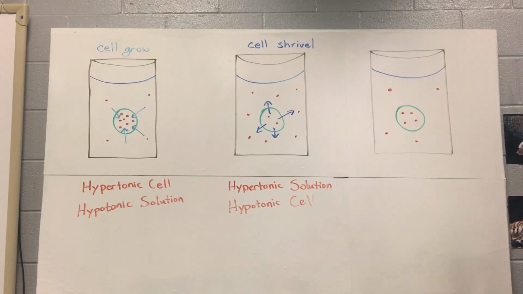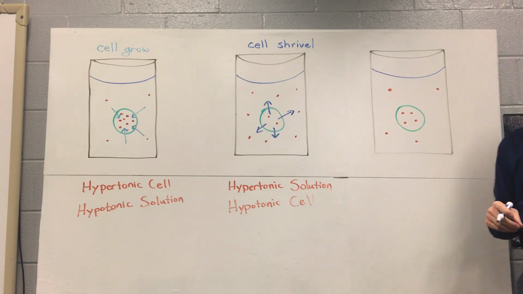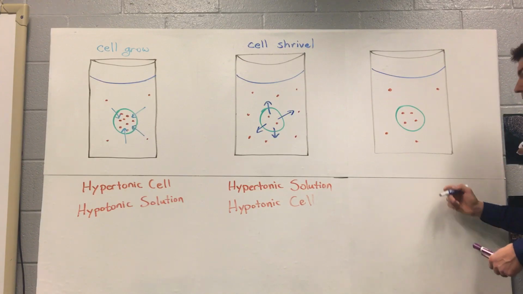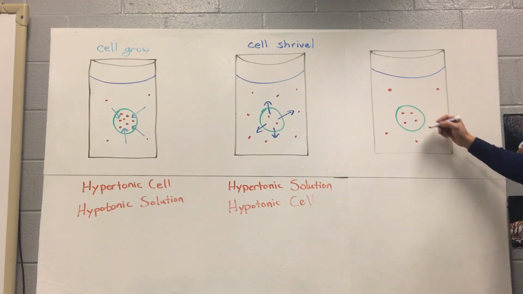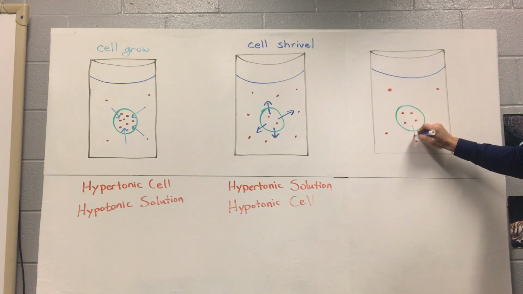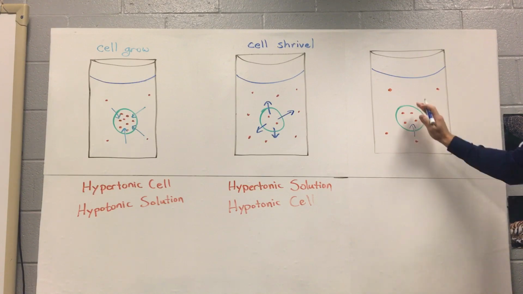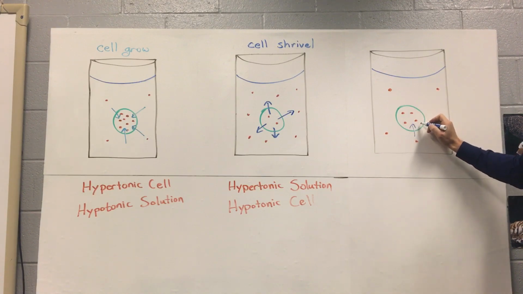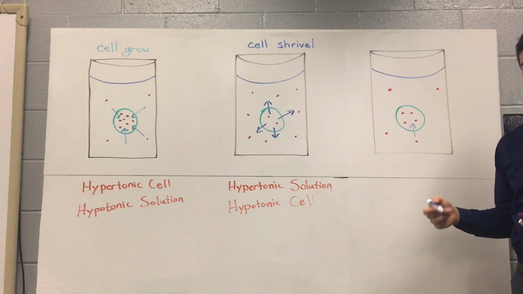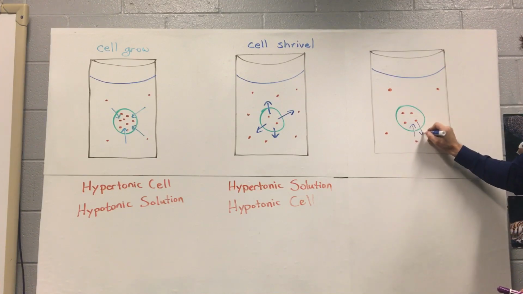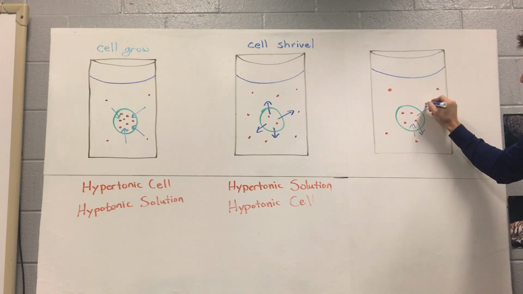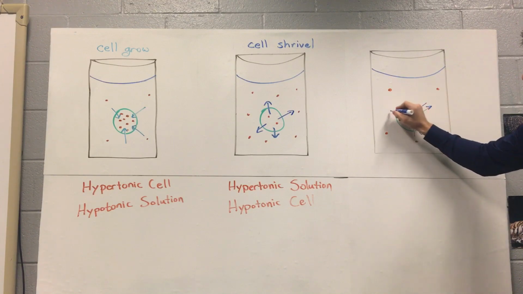And overall, we're not going to have water completely stop moving. There's still going to be water going into and out of the cell, but the only difference here, compared to the last one, is we're going to have water going in, and whatever that amount of water is going into the cell, we're going to have that same amount of water coming out of the cell, okay?